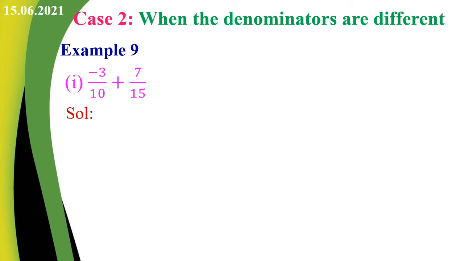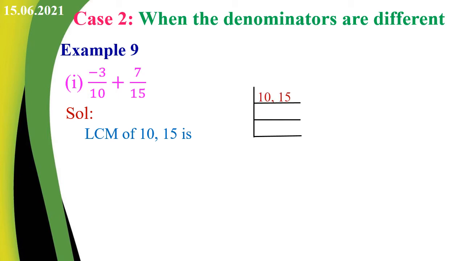In first step, check the denominators. Here denominators are different, 10, 15. In first step, we have to get the same denominator. So need to find LCM. LCM of 10, 15 is, take division method, 10, 15 on dividing by 5.